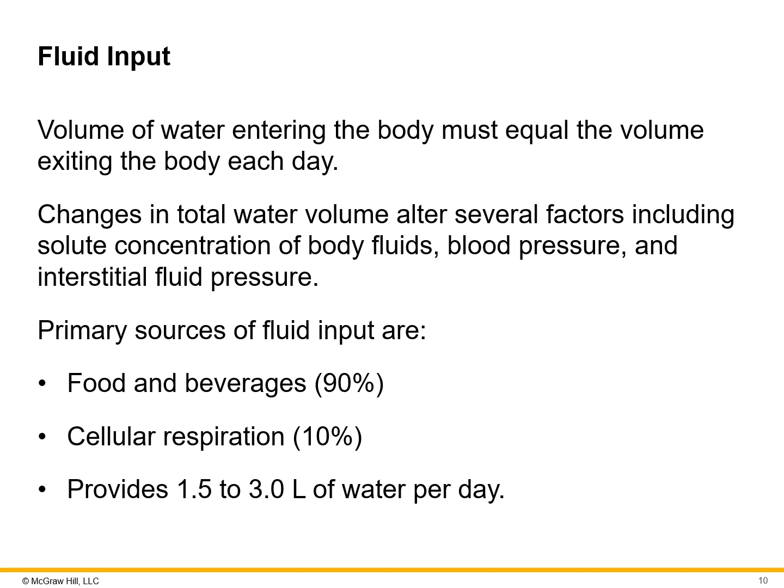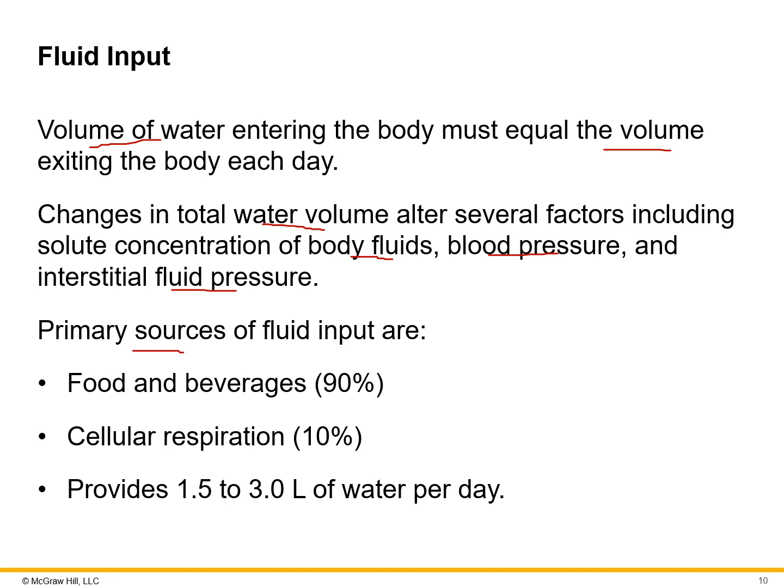So the volume of water entering the blood has to equal the volume exiting each day to maintain that balance. Changes in water volume alter a few different things, like the concentration of solutes, blood pressure, and the interstitial fluid pressure, so think about swelling and edema.